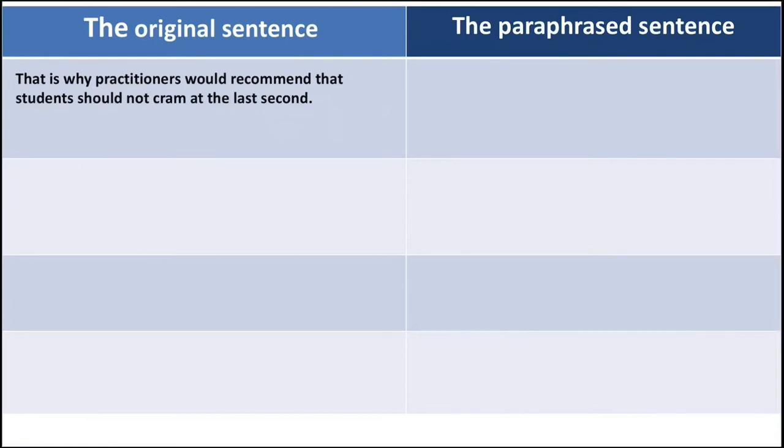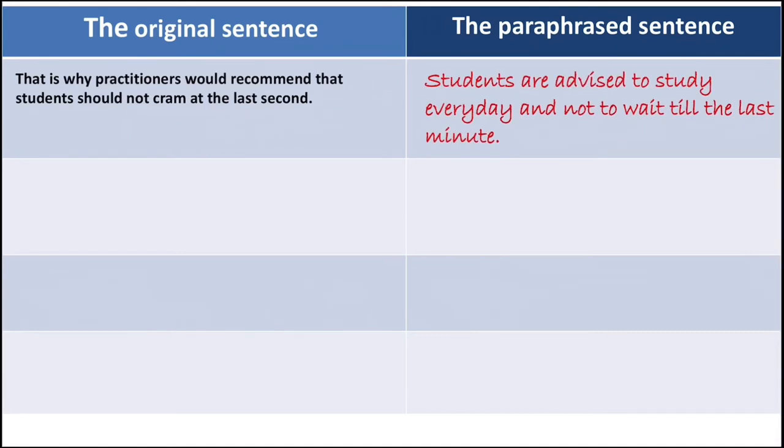All right, now let's see this. Students are advised. So here, recommend, practitioners would recommend. I changed the structure into passive. So students are advised to do what? To study every day and not wait till the last minute. Okay?